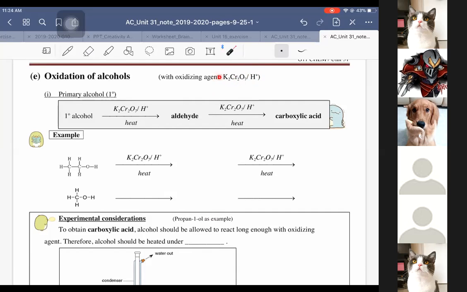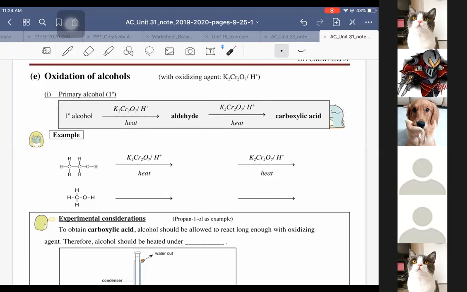Make sure it's acidified, and then we will get the product we want. For this type of reaction, we need to separate it into primary alcohol, secondary alcohol, and tertiary alcohol to discuss possible products.